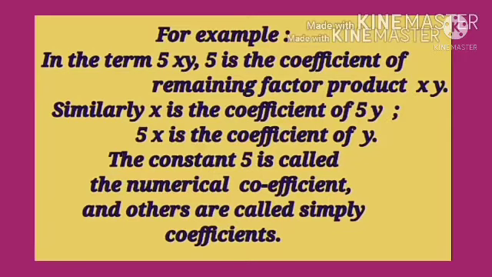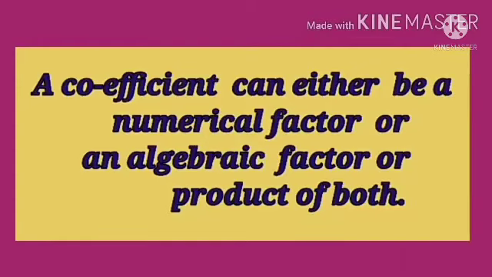Similarly, x is the coefficient of 5y. 5x is the coefficient of y. The constant 5 is called the numerical coefficient, and others are called simply coefficients. A coefficient can either be a numerical factor or an algebraic factor or product of both.